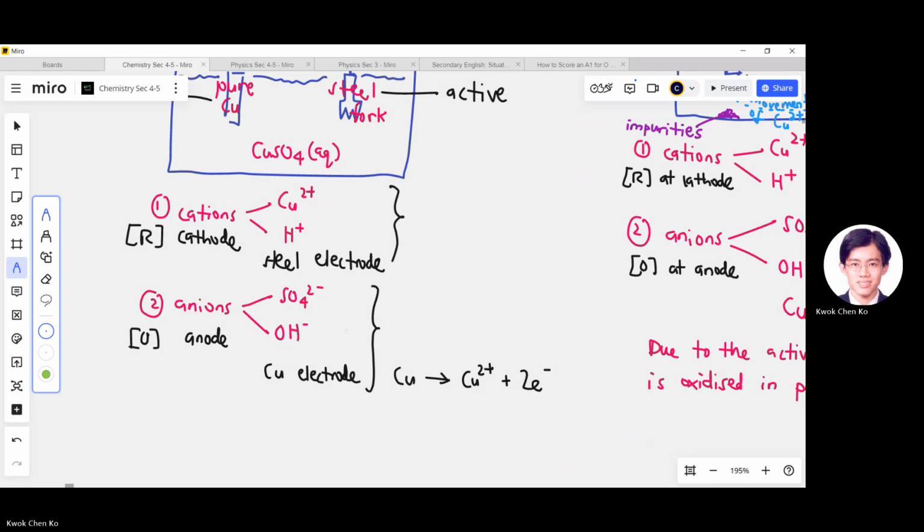Now, the cathode is very unusual in the sense that steel is active, but does steel get reduced? Can you reduce steel? No, you can't, but steel likes copper a lot. They are metals. Steel is an active metal. Copper is a relatively active metal. Steel likes copper. So as a result, your copper likes to stick to steel.